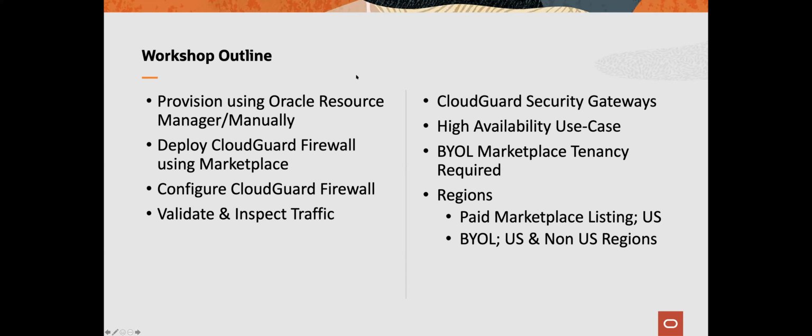To support this workshop, there are some prerequisites. For example, as I mentioned, we're going to consume the CloudGuard security gateway solution. We're going to do a CloudGuard deployment in high availability, like an active-passive use case. But to support that, you would have to have access to at least the bring-your-own-license listing on the marketplace.